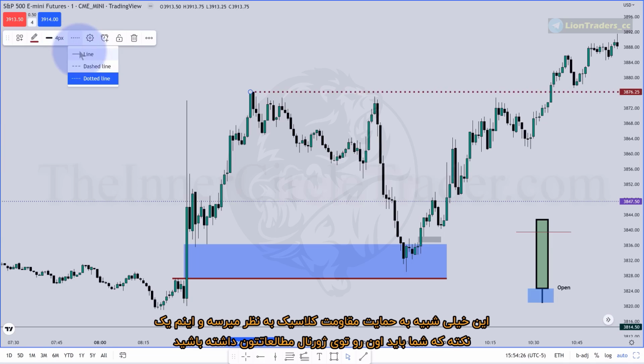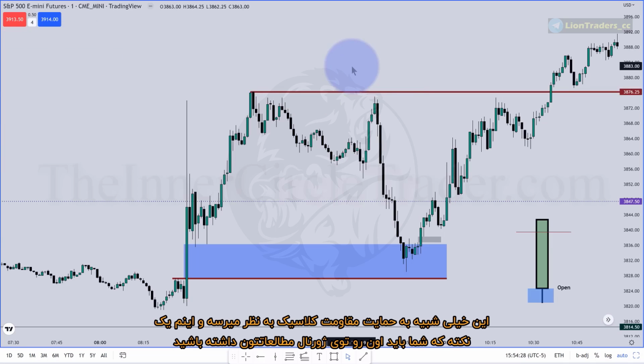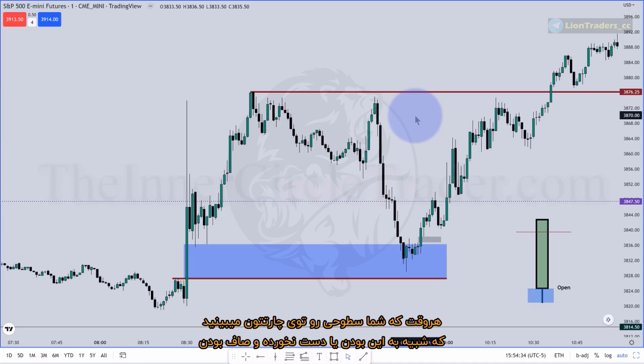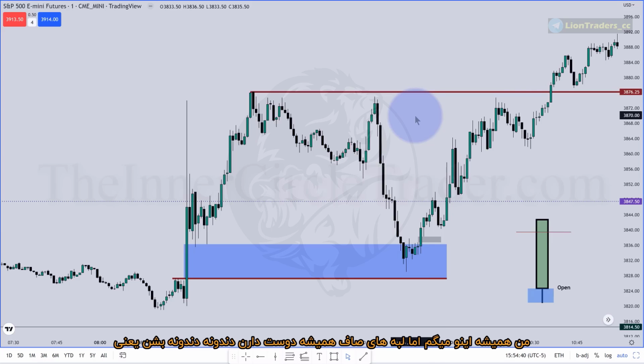It looks too much like classic support and resistance. And here's a note that you want to have in your study journal. Anytime you see levels in your chart that are too perfect and smooth, I always say this: smooth edges like to be made jagged.